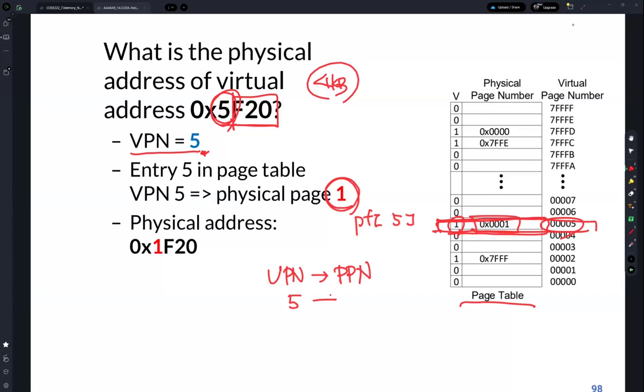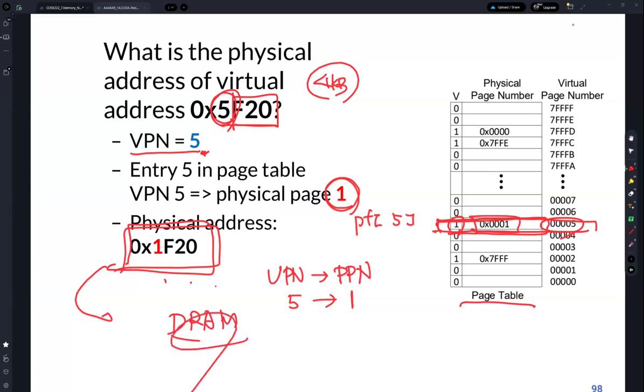So 5 is translated into 1, right? So the physical address becomes 1F20. And then using this physical address, we can access the DRAM. This shows how the virtual address is translated into the physical address by the page table.